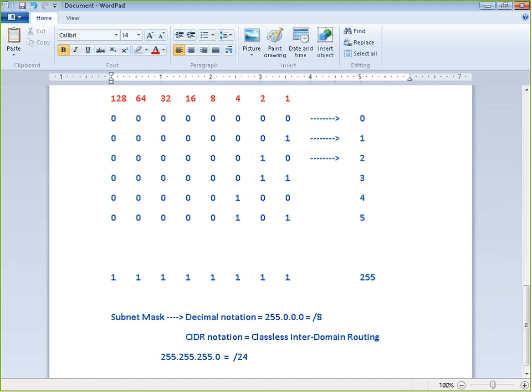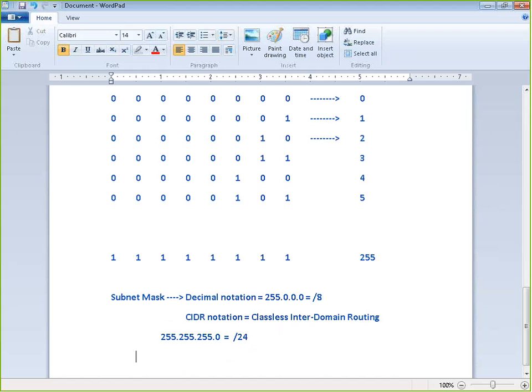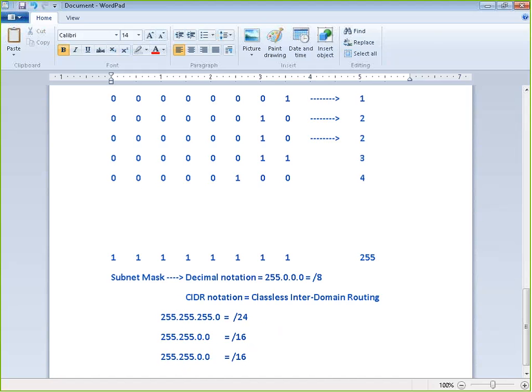Okay, great. Now let me give you another example. 255.255.0.0. Can you tell me the CIDR notation for this one? That's absolutely right. That's going to be /16. Now let me give you another example.